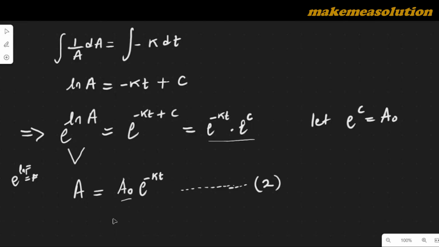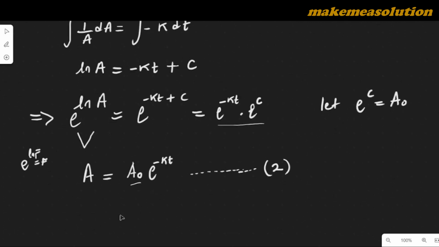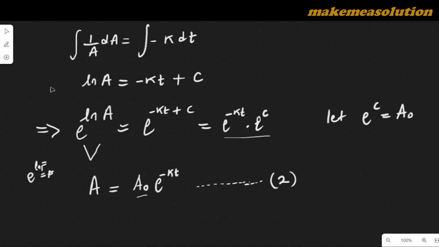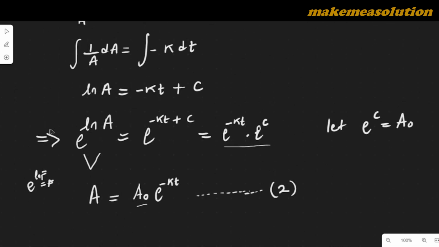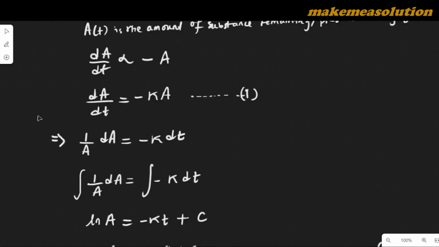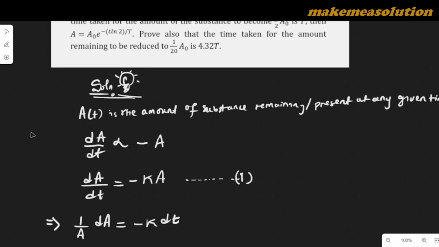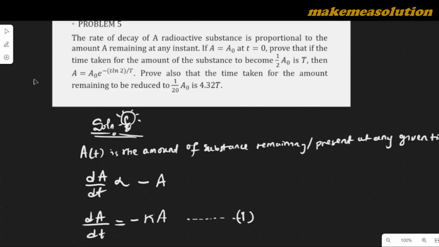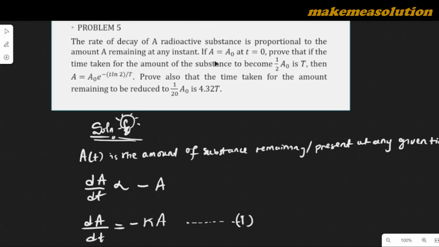So we need to find the value of K, and in order to find the value of K, we need to go back to the question and see what they want us to do. Now the question says that if A is equal to A naught when T is equal to 0, prove that if the time taken for the amount of substance to become half A naught is T, then A will be equal to this one.